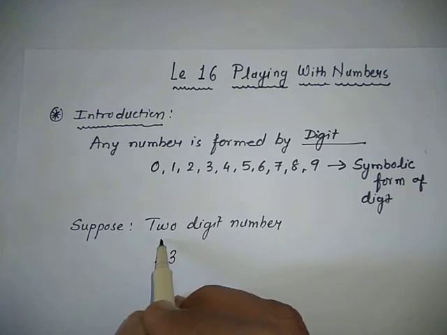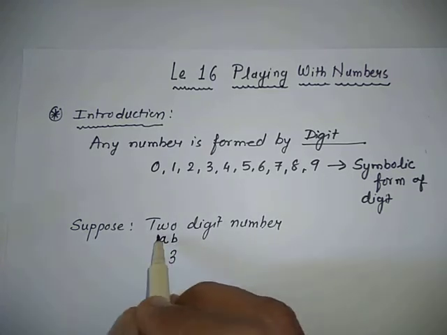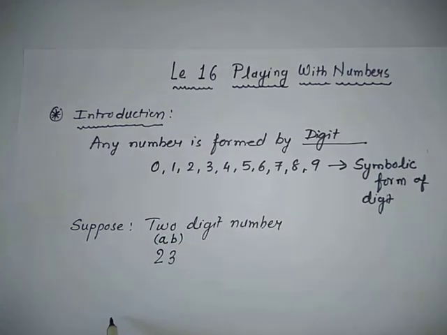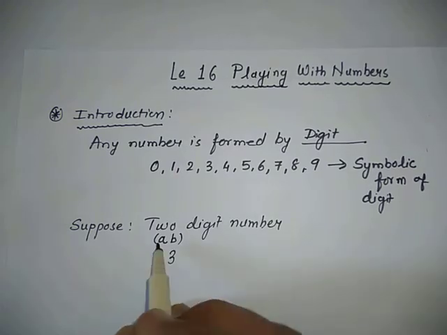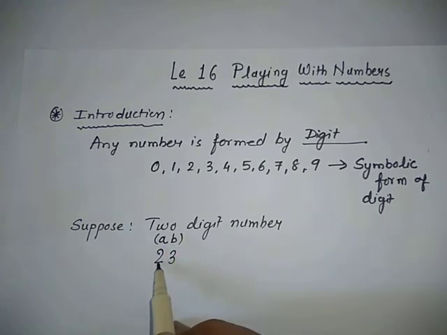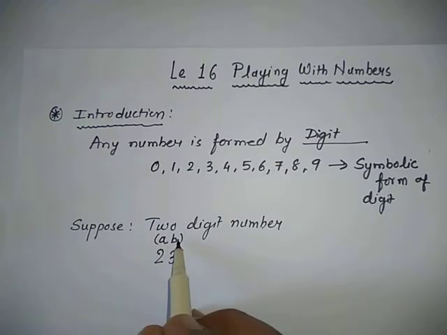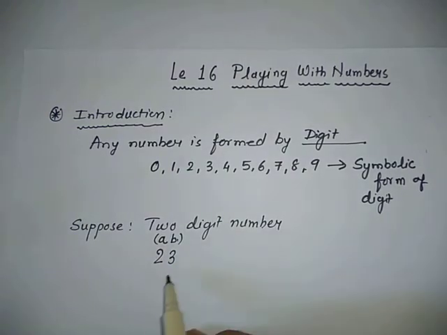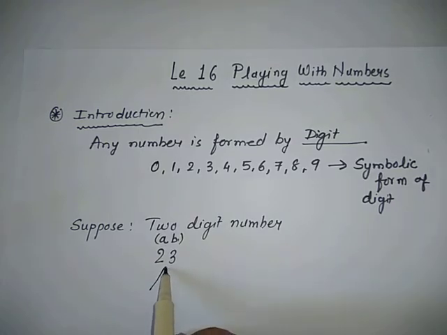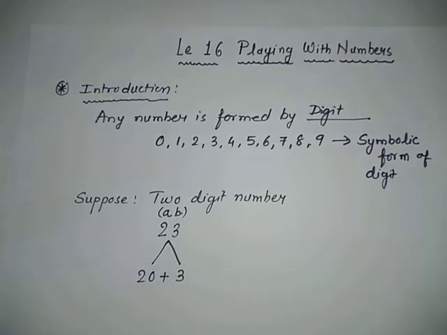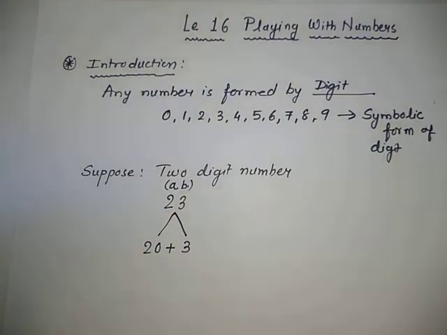We suppose it as A, B in letter form, alphabetical A, B. So A is 2 and B is 3. So it is a two digit number. Now, if we split this 23, it will be written in the expanded form as 20 plus 3.